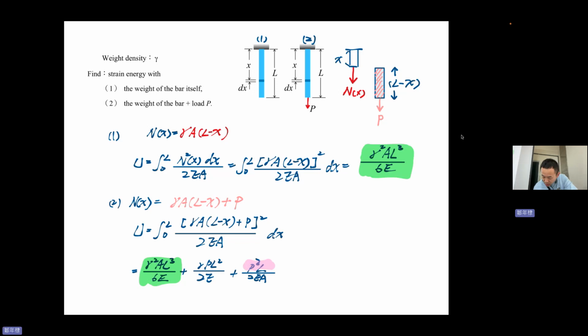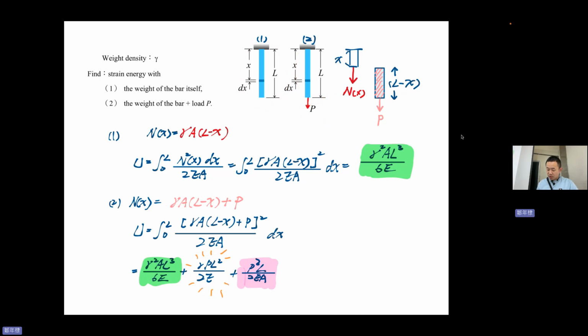Okay, this is the extra term. So you see these two cases, the first one is self-weight and this one is self-weight with the force.